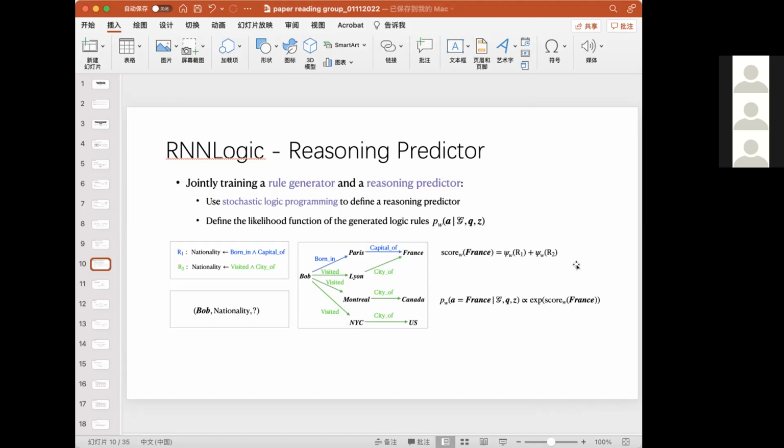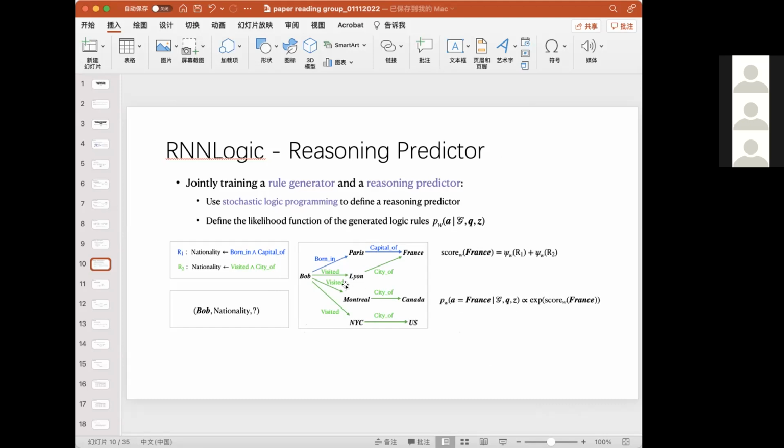That is a very good question. Actually, this model can only leverage the positive signal. It cannot leverage, for example, the contradictory result in order to adjust the parameters of this model.